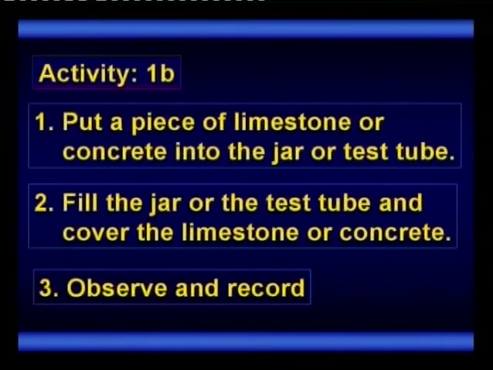You only use one small chip of the limestone and drop it into test tube A, which contains hydrochloric acid. So this time you're using hydrochloric acid and not sulfuric acid. Now observe and record.